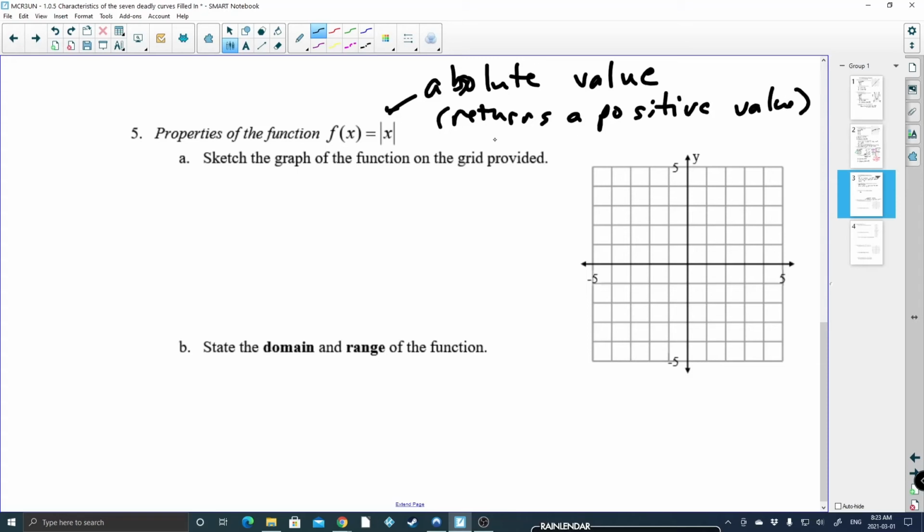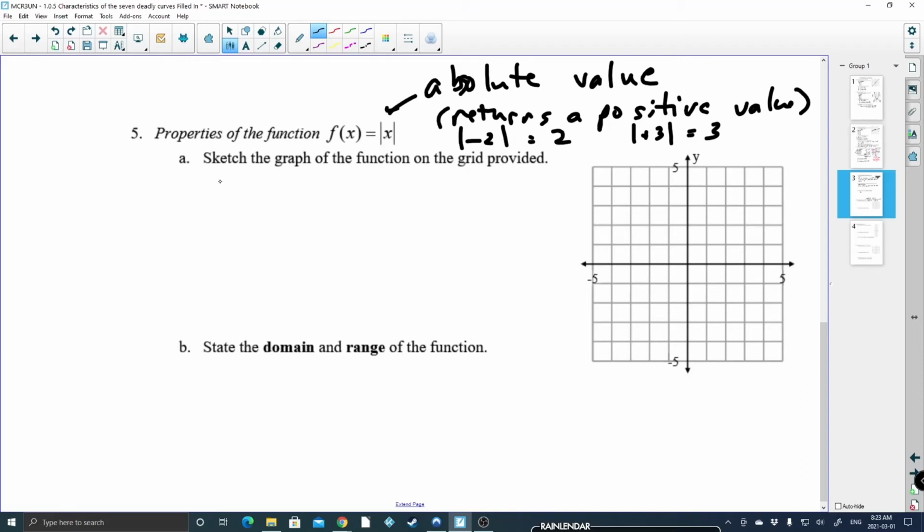So that means if you do the absolute value of -2, the answer is 2. If you do the absolute value of +3, the answer is 3. So whatever sign you have in the absolute value symbols, it'll always return a positive value.